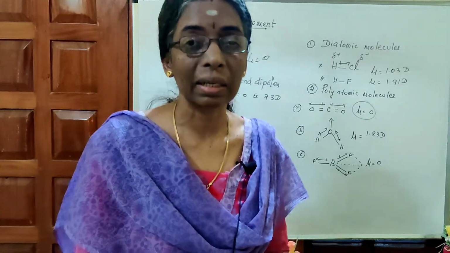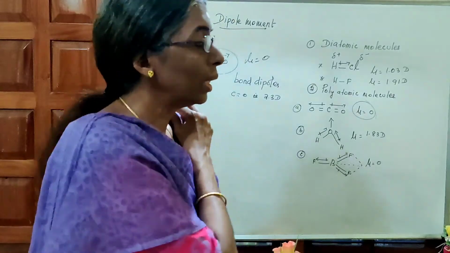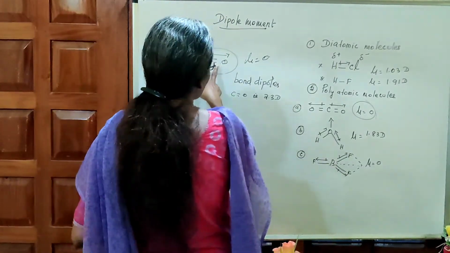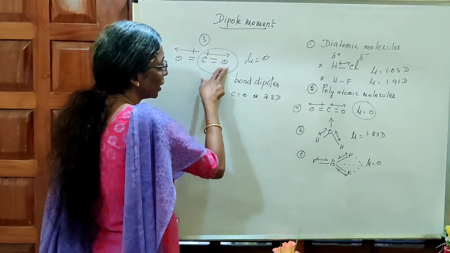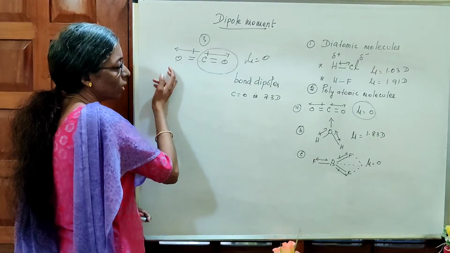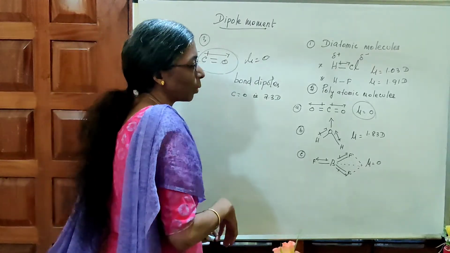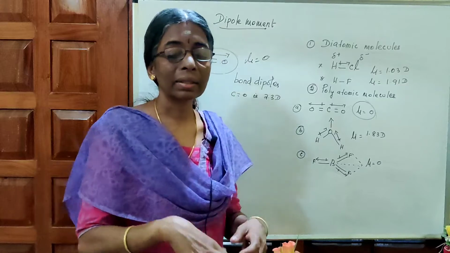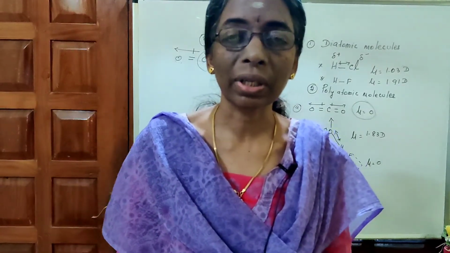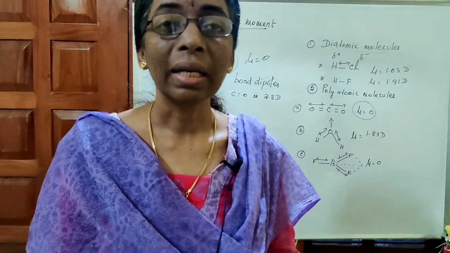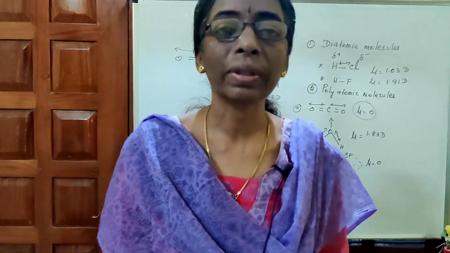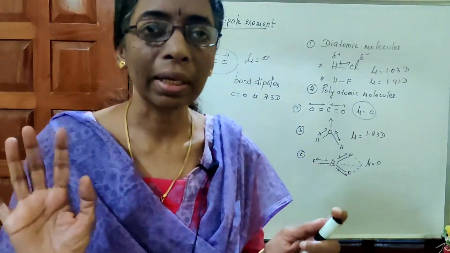It is not necessary to memorize this value, but you should understand. This acts in this direction, and this in the other direction. Both bond dipoles are equal and in opposite directions, so the net dipole moment of the molecule is 0. Is it clear?